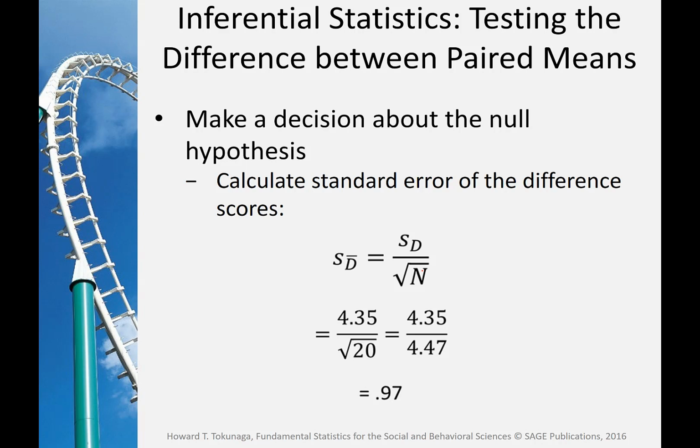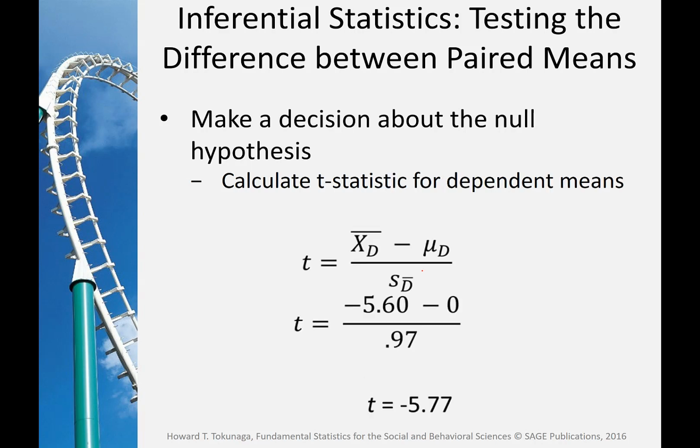Less than 1's a pretty small standard error. Calculate our t-score. T equals minus 5. I already know that's statistically significant. That's really big. We were expecting 2 something, and it's 5.